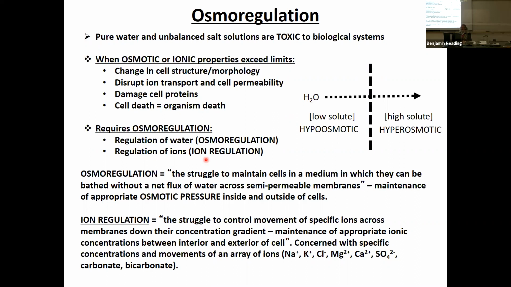The reason why this is important is there's no biological system out there that can pump water. You know, plants can transpire it, but proteins cannot pump water. All proteins can do is pump salts, ions. And when you pump ions in a particular direction, then water will follow it based upon osmosis.